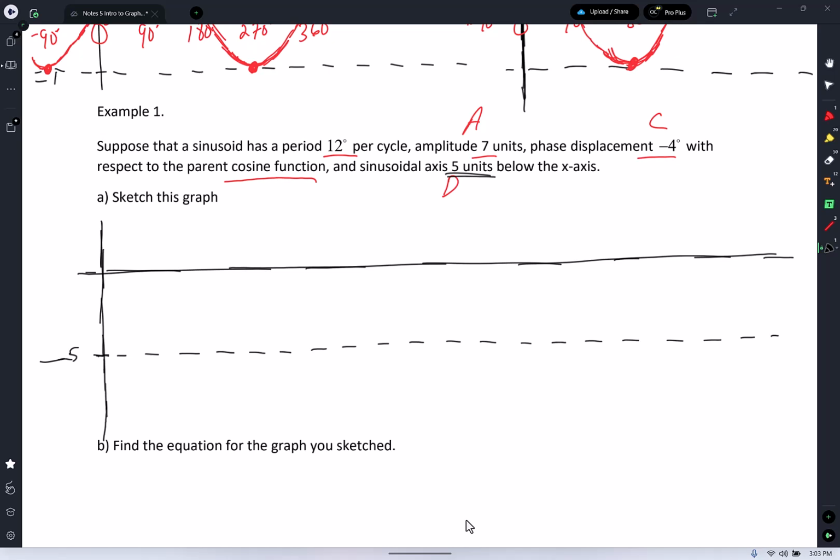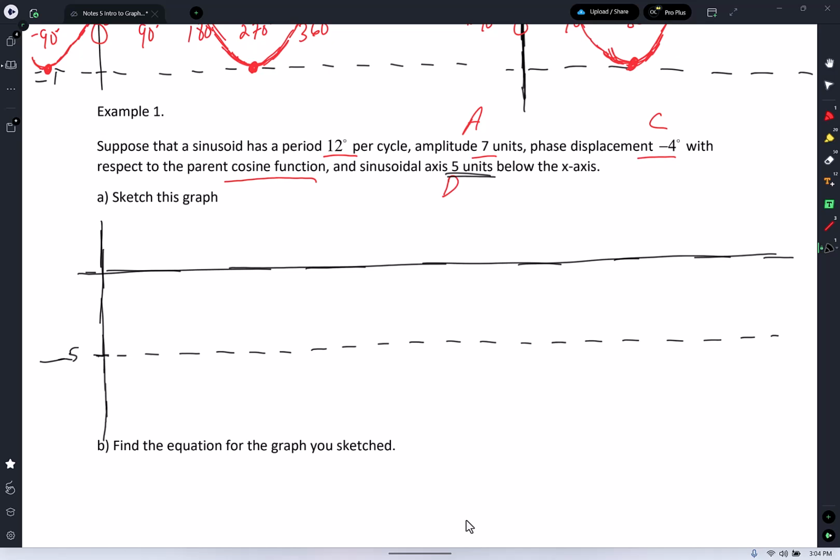Yes, it's below the x-axis. Well, my midline is horizontal, so you know what I mean. It goes left to right like this. You know what I mean?